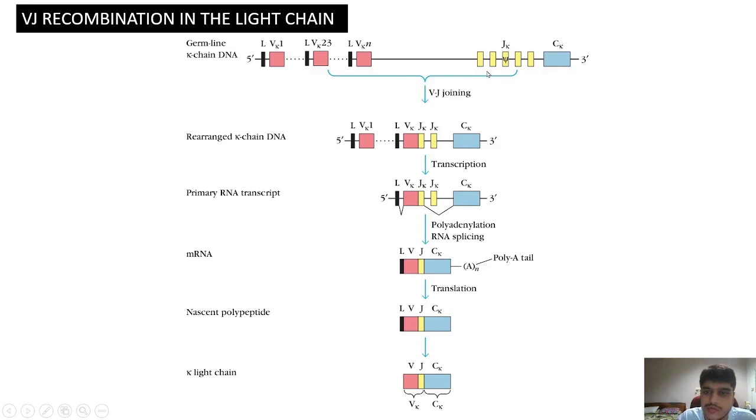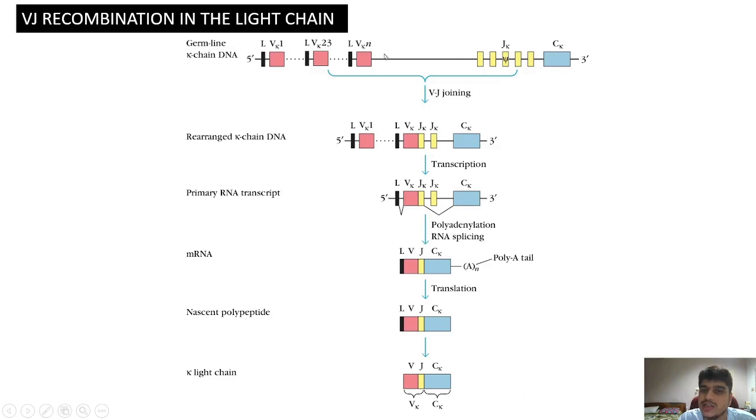Here the first step is recombination between V and J. So V and J join along with the leader, and then the next step is this VJ recombines with C. You have only one C, so there is no variation in that.